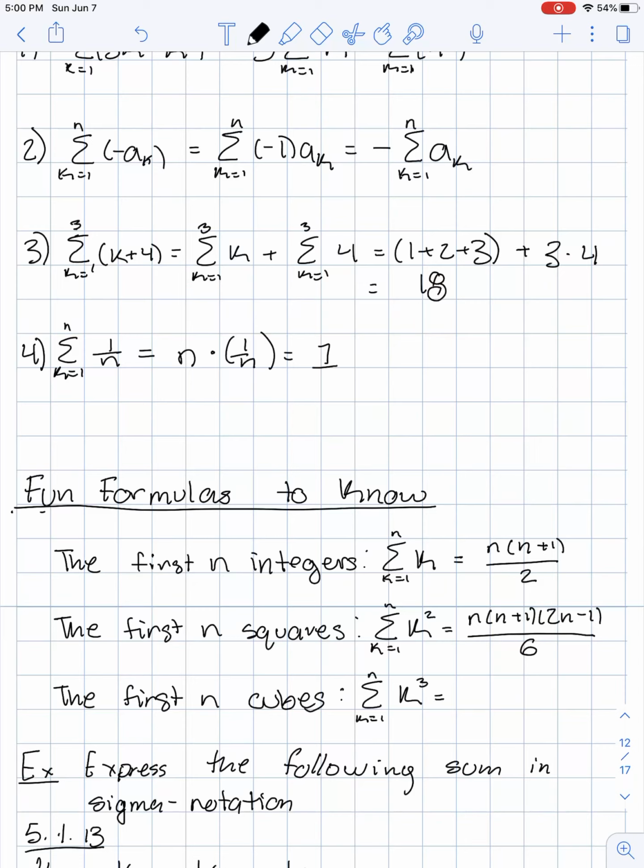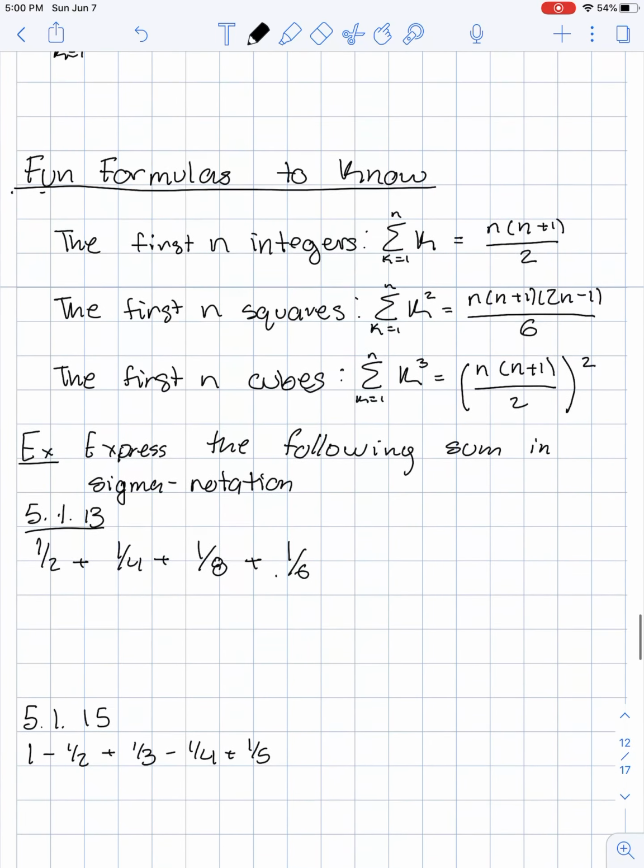And then the first n cubes we can write as n plus 1 over 2, that whole quantity squared. So I am just kind of telling you these things. You have to take me at face value. But know these 3 formulas. They're going to be really important.